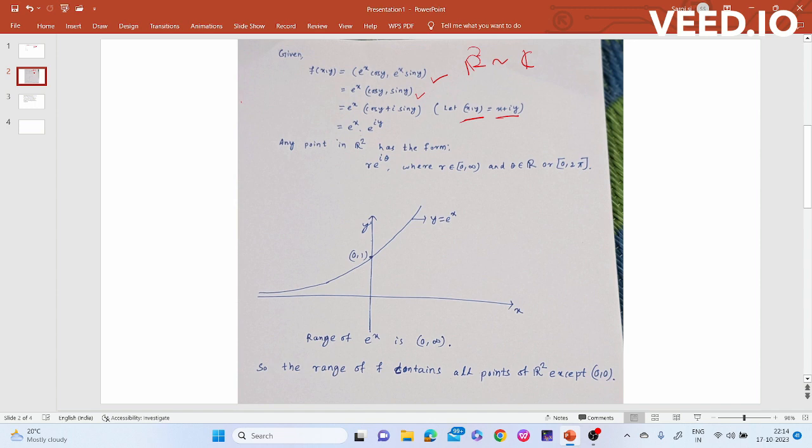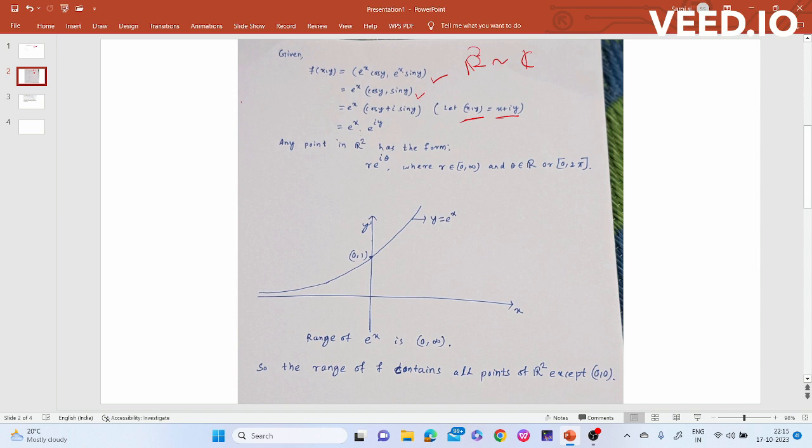So cos y comma sin y can be represented as cos y plus i times sin y. And we know from complex analysis that cos y plus i sin y equal to e to the power iy. Means f of xy takes the form e to the power x times e to the power iy.